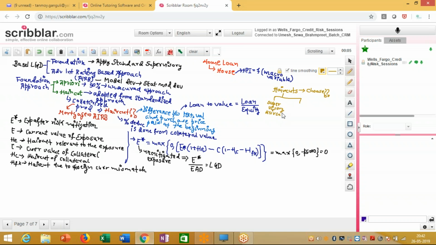This is the first way of choosing the haircuts, and this is chosen as a percentage.